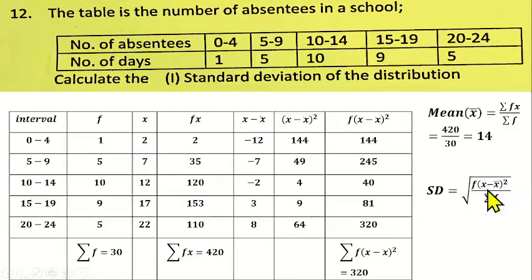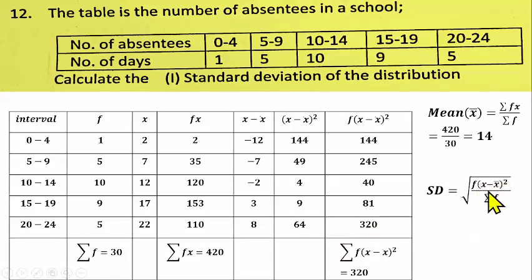Then the frequency will multiply the deviation squared. Use your frequency to multiply each of these. 1 times 144 gives us 144. 5 times 49 gives us 245. 10 times 4 gives us 40. 9 times 9 gives us 81. 5 times 64 gives us 320.